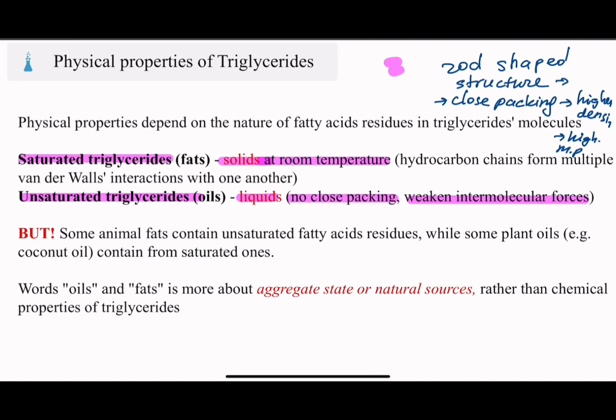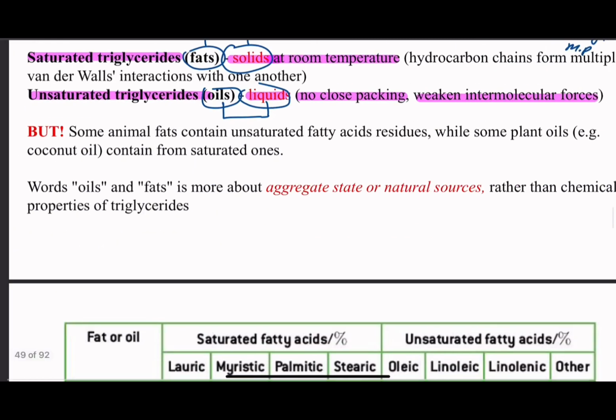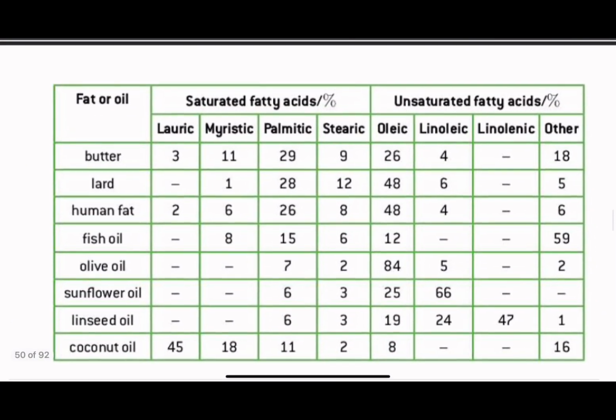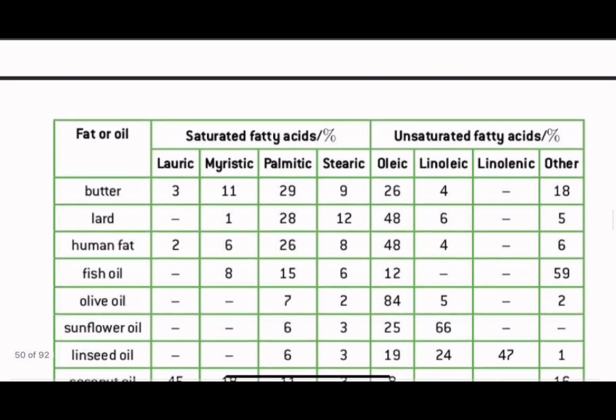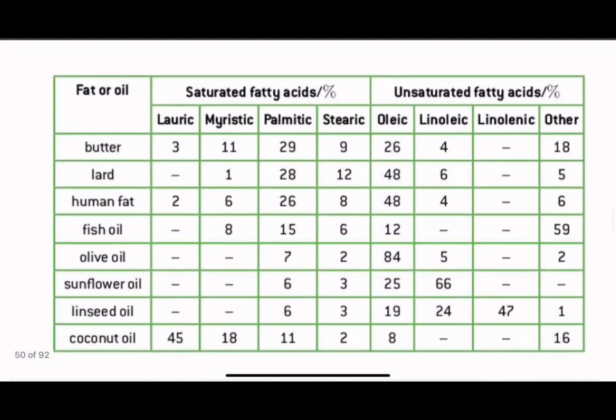Okay? So, when we say that they are solid or liquid, fat is just another name to say that they are solid, and oil, we just want to tell you they are a liquid. Now let's look at the list that I have. I have updated your PPT, and when you look at here, these are the fats and oils that we encounter in our daily life.